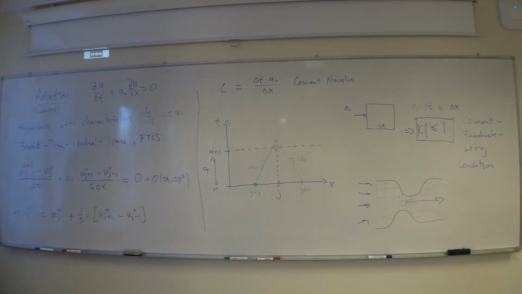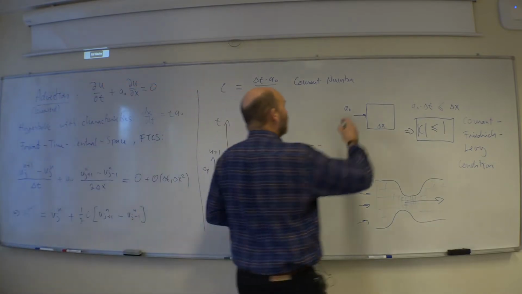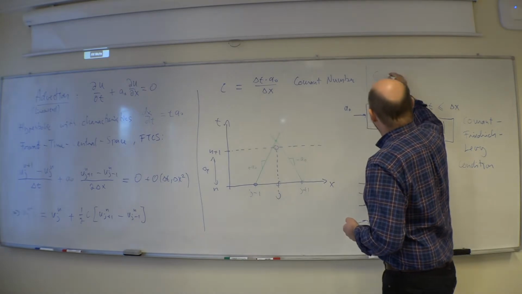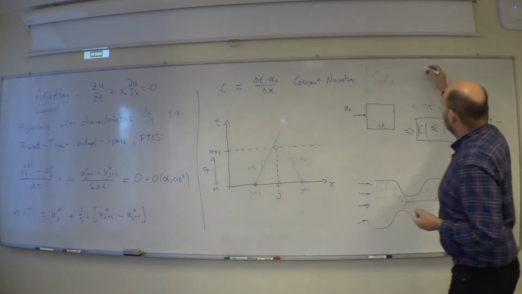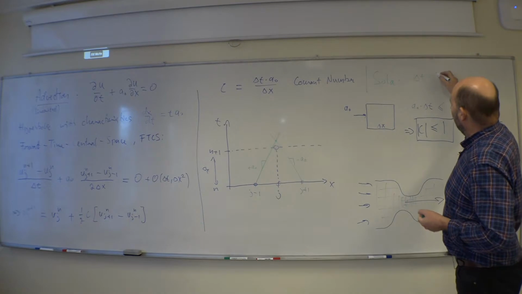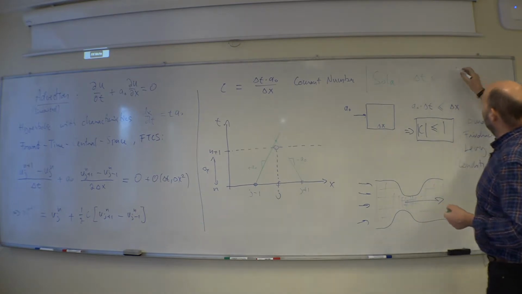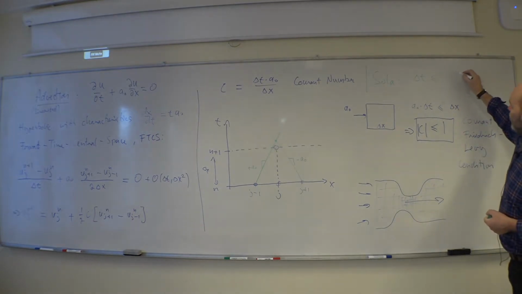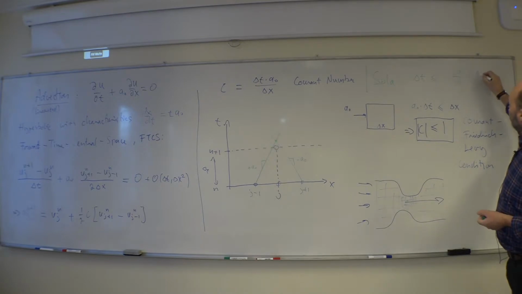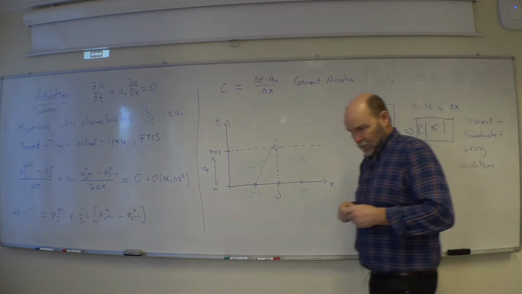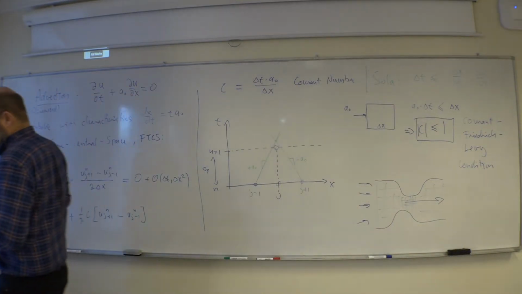Well, actually, what it says in SOLA, if I recall correctly, it says delta t has to be smaller or equal to delta x over u, delta y over v, and then the smallest one of these two.